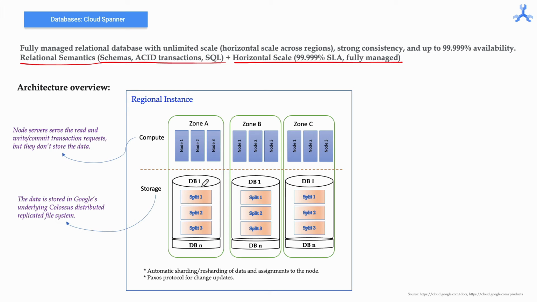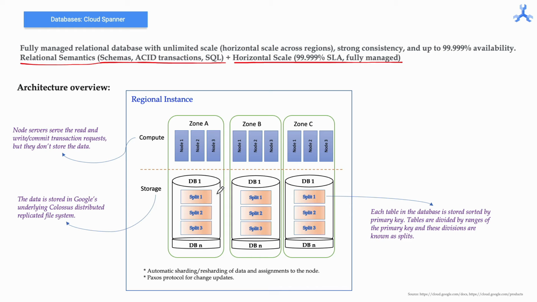Now within each one of these databases, the data is stored in different splits. What is a split? Each table in the database, in the case of Spanner, is sorted by primary key, and the range of that primary key is defined by splits.